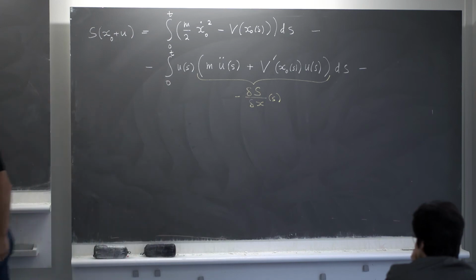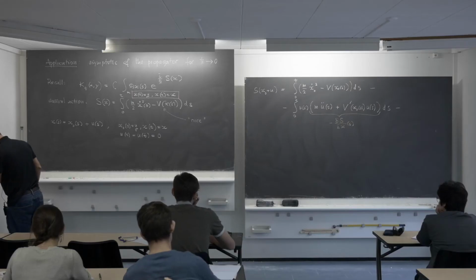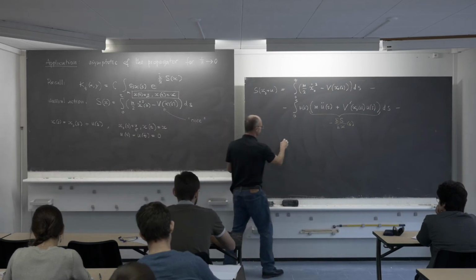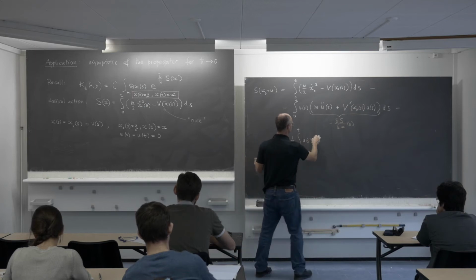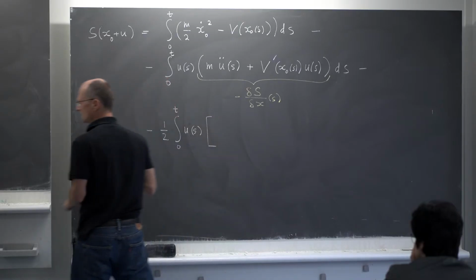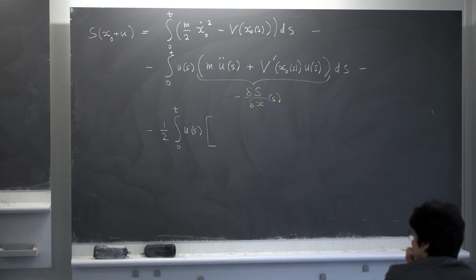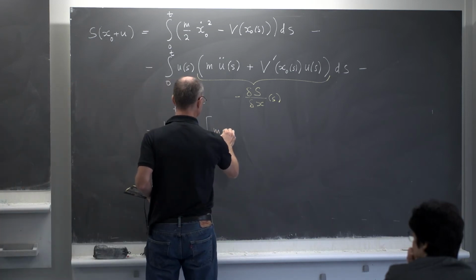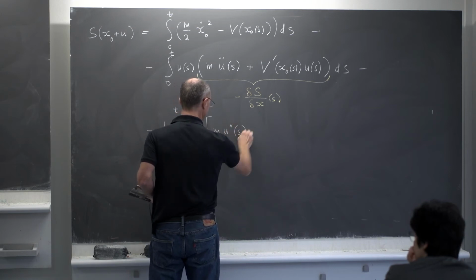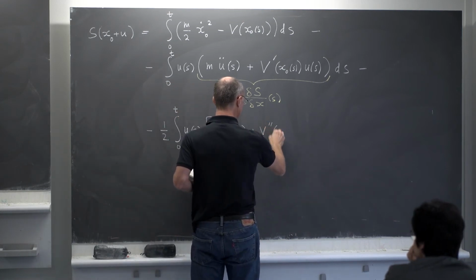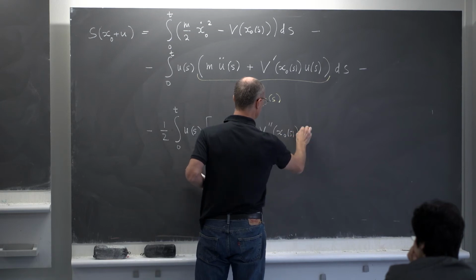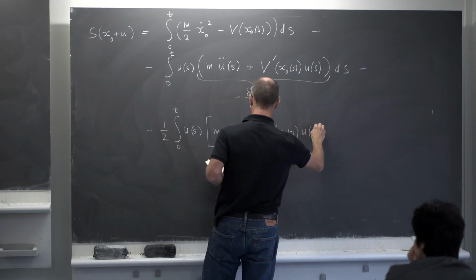Let me write the next term as follows. Minus 1/2 integral 0 to t of u of s, and here let me write it as follows: m u double prime of s plus v double prime of x naught of s, u of s.